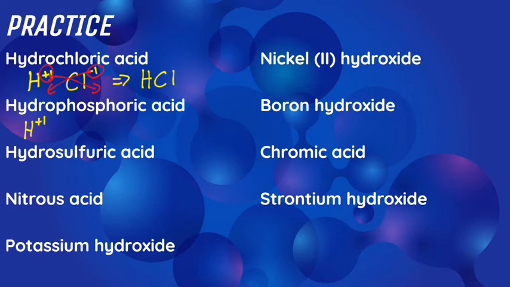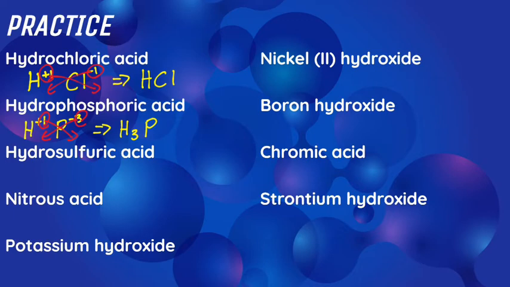Phosphoric sounds a lot like our phosphorus, which is our P. Now looking on the periodic table, our phosphorus does have a charge of -3. So we're going to go ahead and cross these down. And what I should end up with is going to be my H3P. And that will be my hydrophosphoric acid.